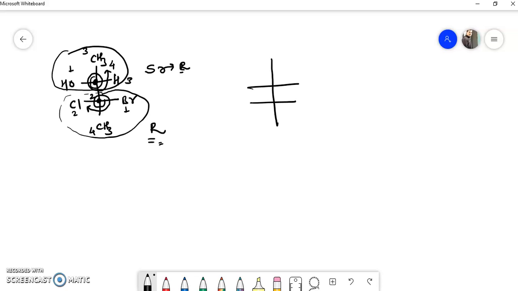Suppose here is a CHO group, here is a CH2OH group. Okay, now consider another example. Now first of all, see this stereogenic center. This oxygen will have first priority, this CHO. Now see here, this is also carbon and this is also carbon, but this carbon is attached to one hydrogen and one oxygen, but this carbon is attached to one hydrogen and a double bond O, meaning two oxygen.